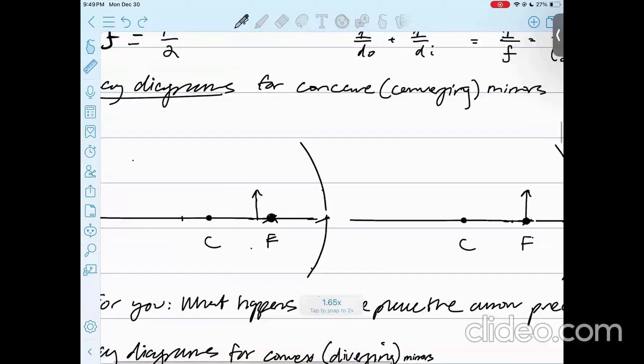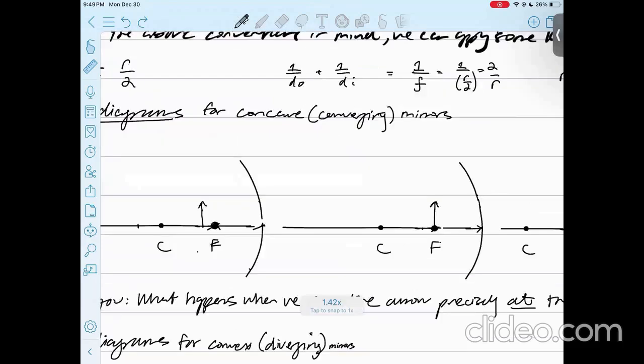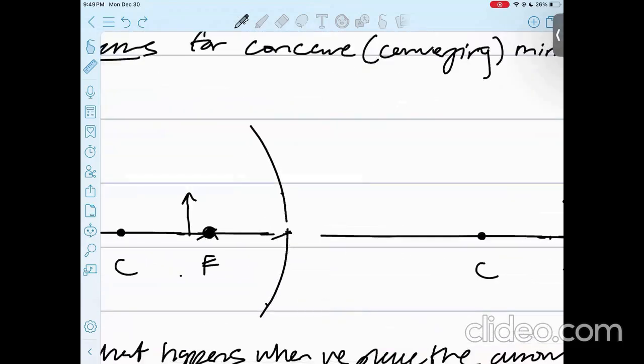So here I have a couple of different situations. I have a concave or converging mirror, and I have my object, which is this arrow. And I'm placing the arrow at various distances. So in my first case, I have it outside of the focal length. And I want to find out where its image forms, what its image looks like, and so on.